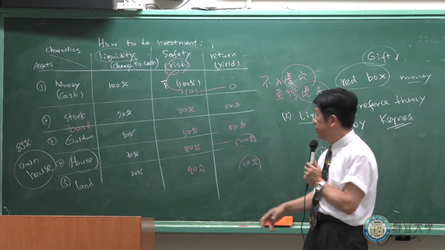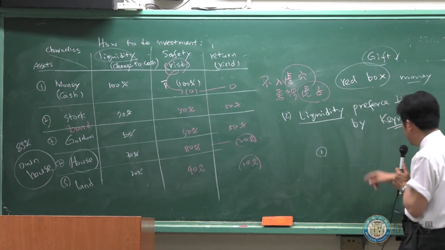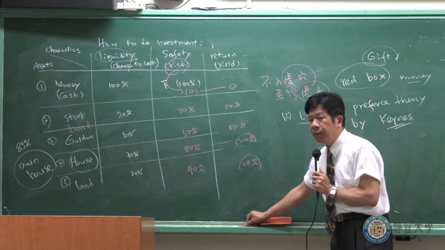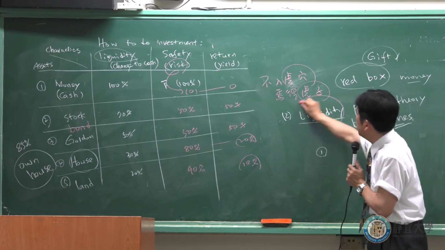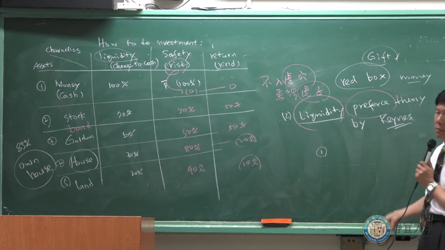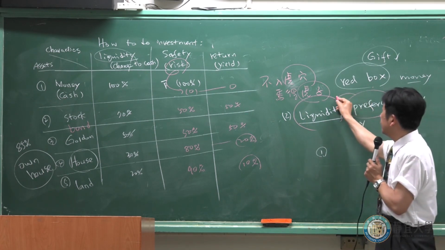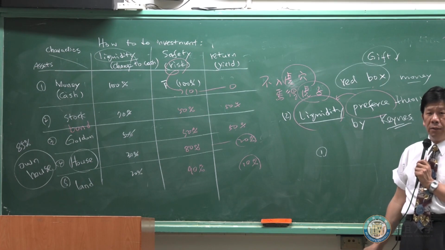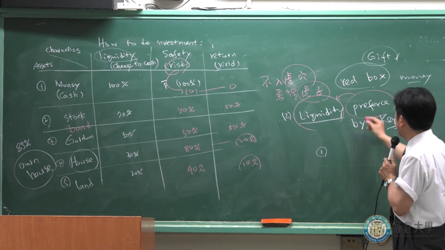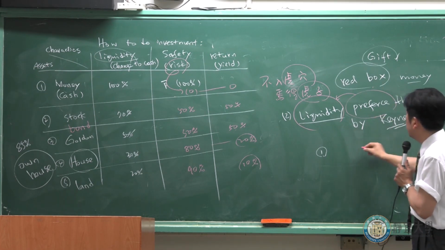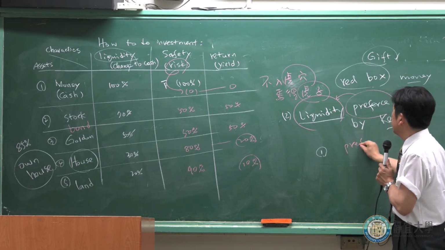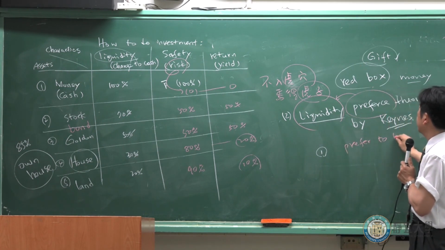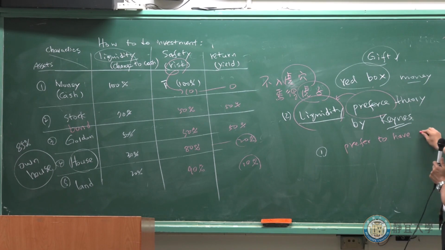Okay? So in general, we can try to see the case, just say the liquidity preference. So you need to change the idea. Actually, it's prefer liquidity. So it means prefer to have money.